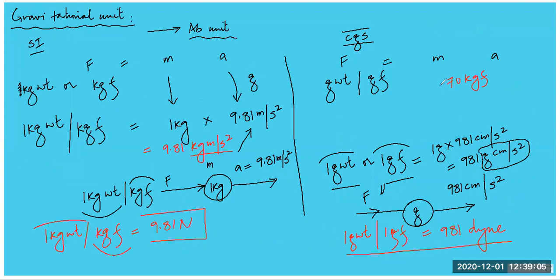Remember that if the force acting is given as 70 kilogram force, then how much will it be in Newton? Since 1 kilogram force or 1 kilogram weight is equal to 9.81 Newton, 70 kilogram force will be equal to 70 into 9.81 Newton.